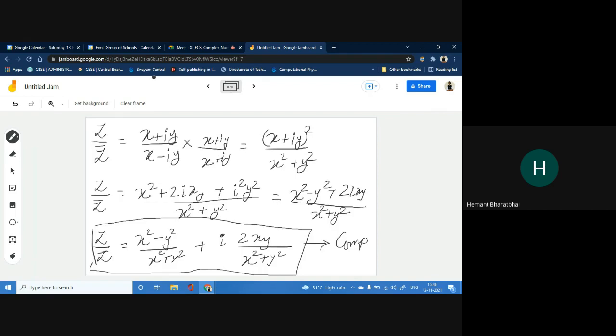Subtracting gives you, okay, a purely imaginary number. Whereas dividing a complex number with its conjugate doesn't give you a purely real number or a purely imaginary number. Instead, it still gives you a complex number only. I hope you have understood this. Please take the screenshot of this, everyone.